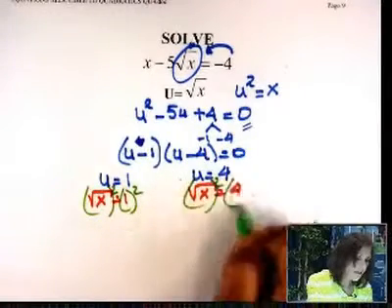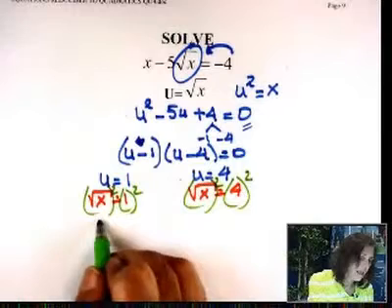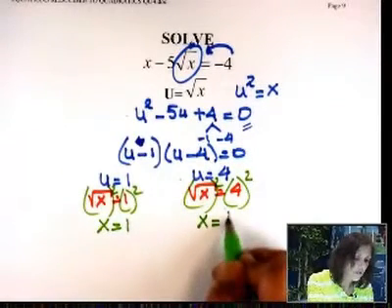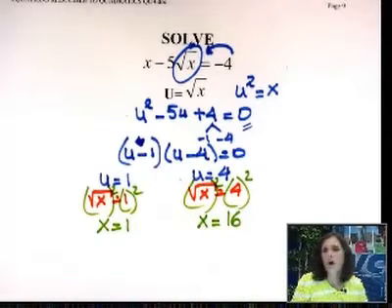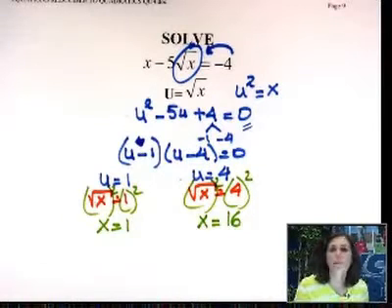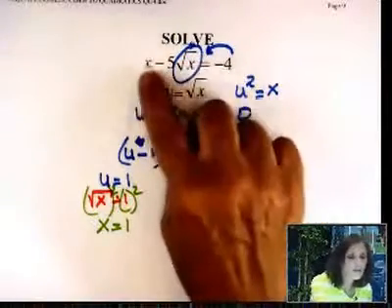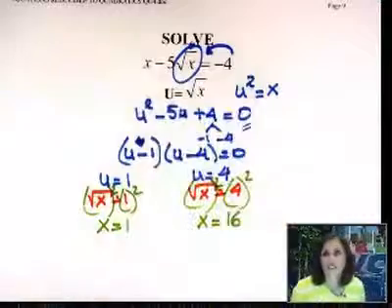What are you going to get? X equals 1. X equals 4 times 4, 16. So I did 3 or 4 different types of those equations reducible to quadratics. Just always look at this term, not the square term, and that gives away the substitution.